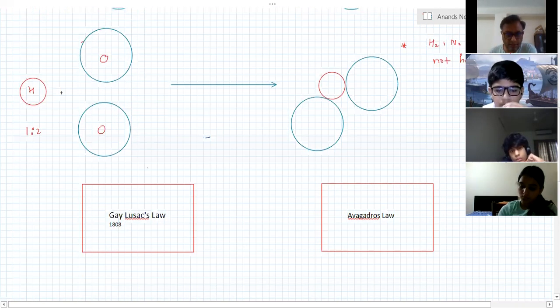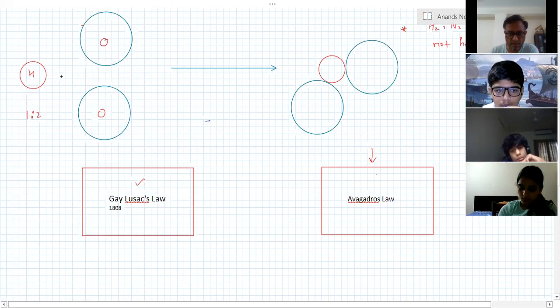Then we mentioned this Gay-Lussac's law we have just seen. Now we are going to discuss this fellow Avogadro's law.